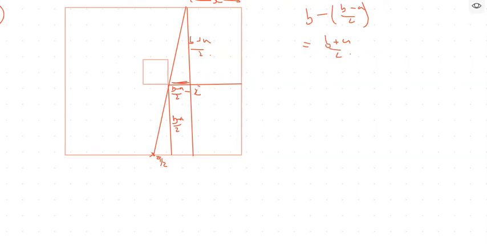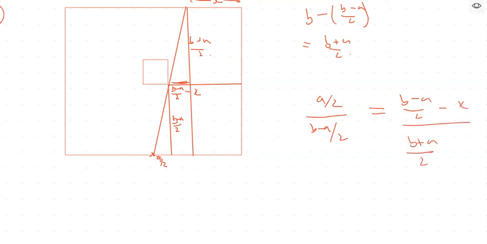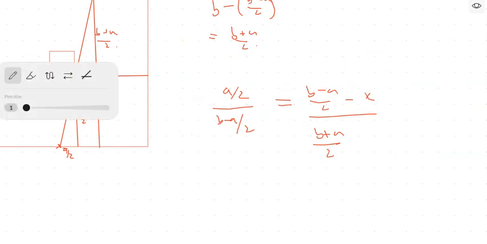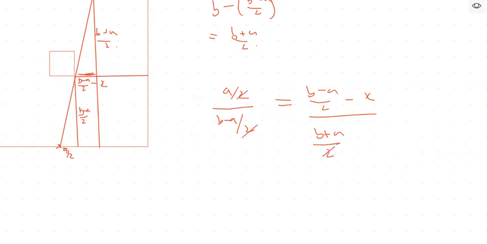So we need to find out X again, so we can do the same trick, and we just have to be careful digging out X. So we've got this over this, so the fraction (B minus A) all over 2 must equal this one divided by this one: ((B minus A) over 2 minus X) over ((B plus A) over 2). Okay, 2's cancel from the left hand one, and I can times top and bottom by 2 here.